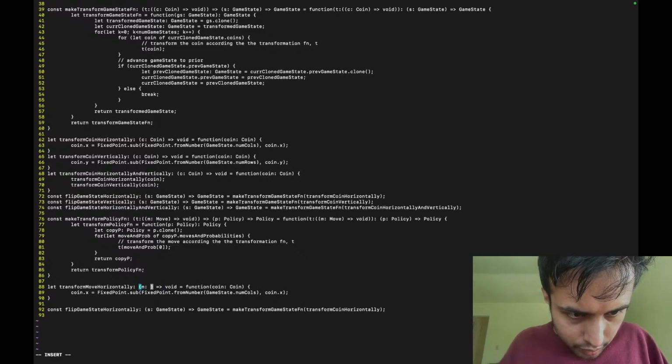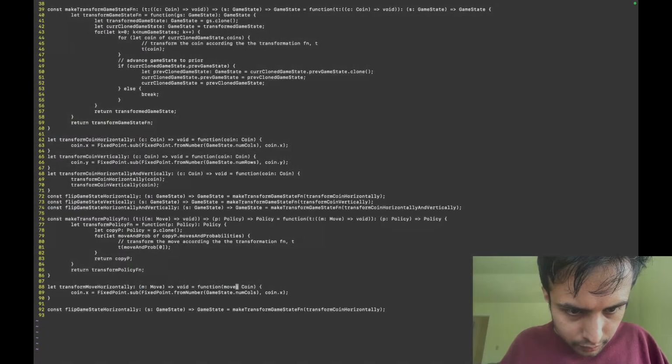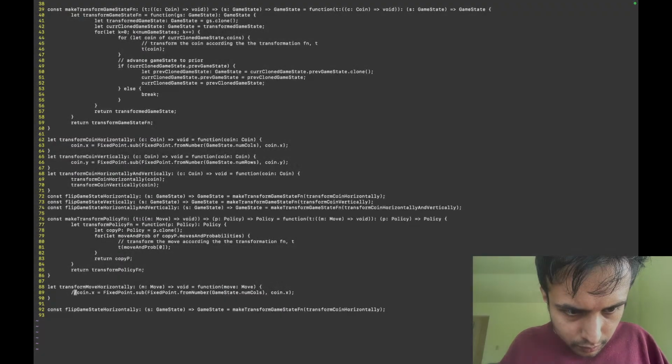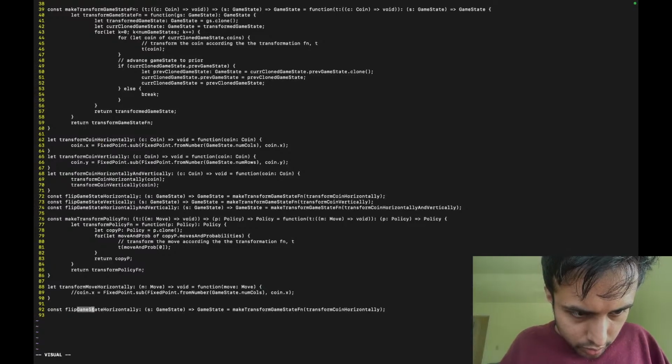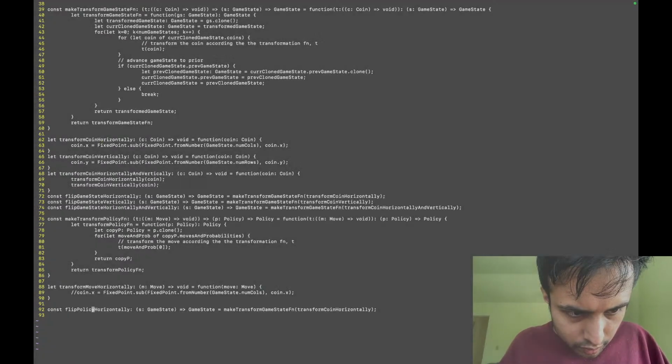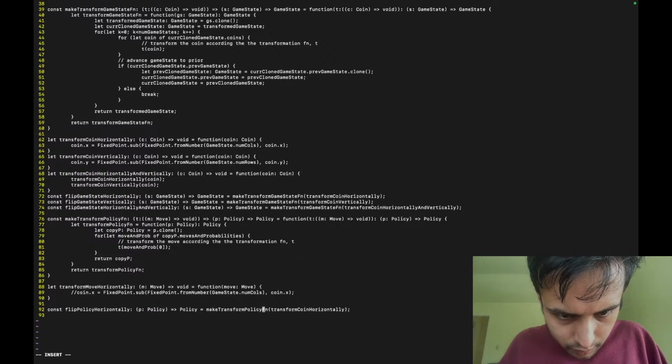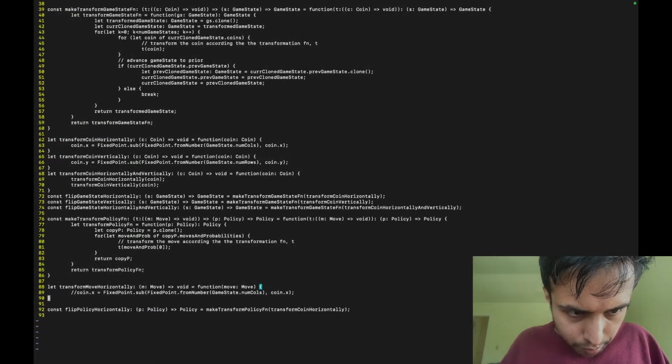It takes in the move and returns void. Then flip policy horizontally takes in the policy, it maps from policy to policy, basically, and makes a transform policy function of transform move horizontally. That's the lambda we pass in.